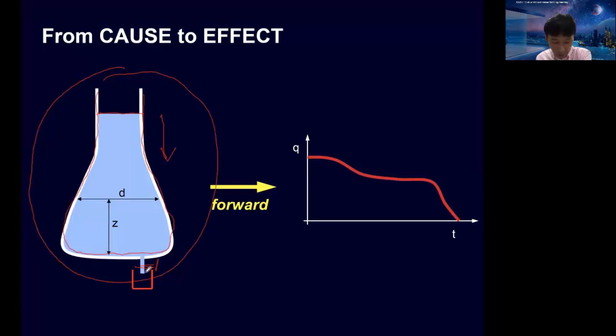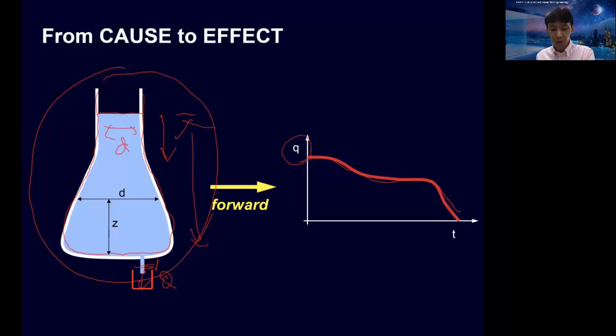And the flow rate coming out from this hole can be an output signal. And this Q will change with the height and the diameter of the flask. Right? So if you know the shape and you know the input with the water level change, then you can calculate the Q. Q will be the output.